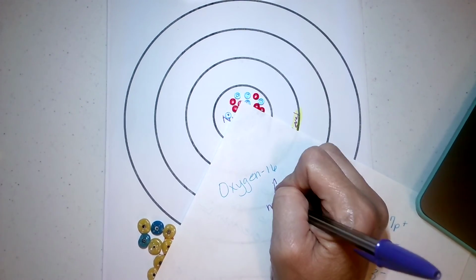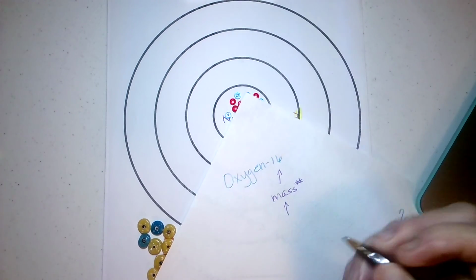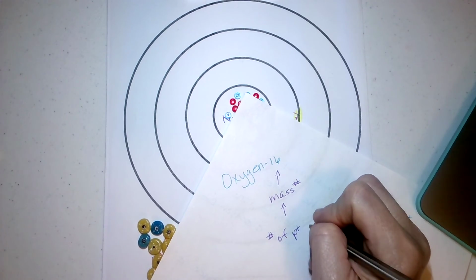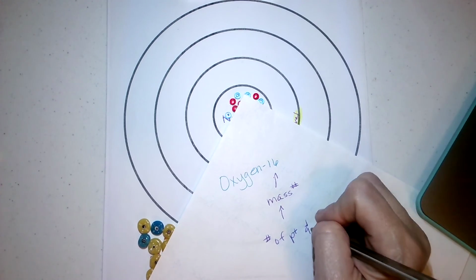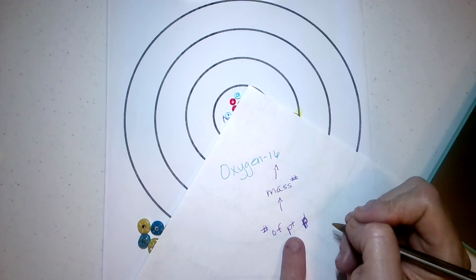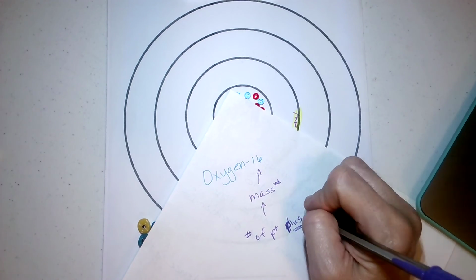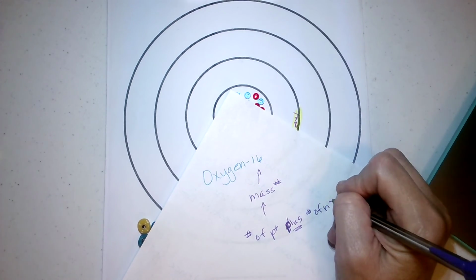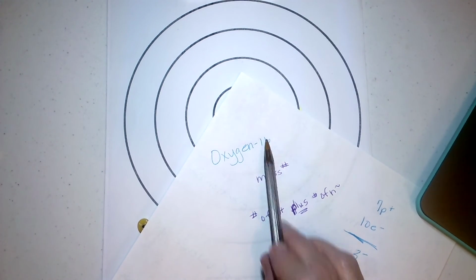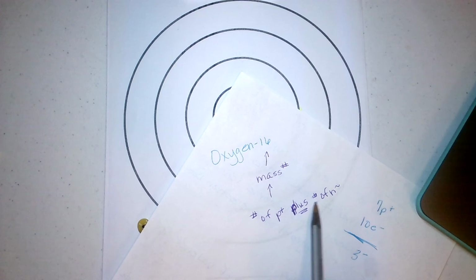This is the mass number, which the mass number is equal to the number of protons plus the number of neutrons. Okay, so the mass number, that oxygen 16, that number 16 refers to the mass number, and the mass number is the number of protons plus the number of neutrons.